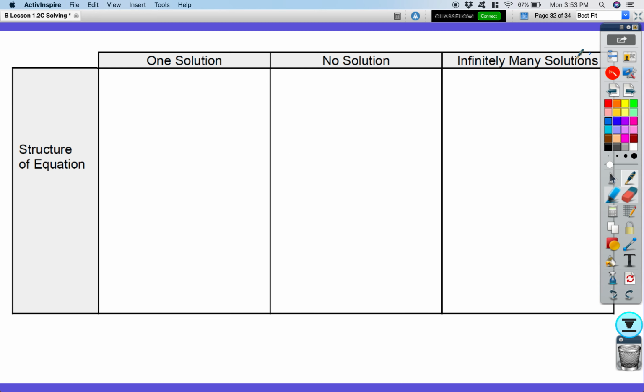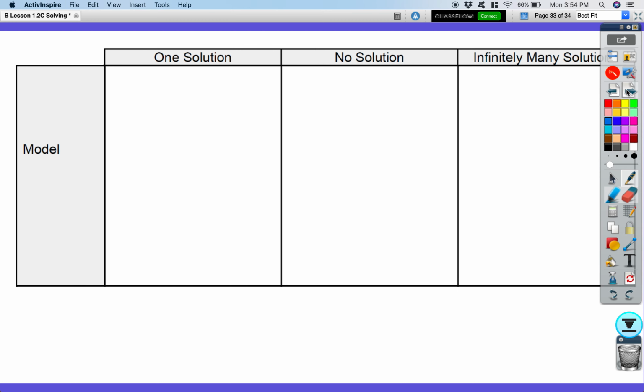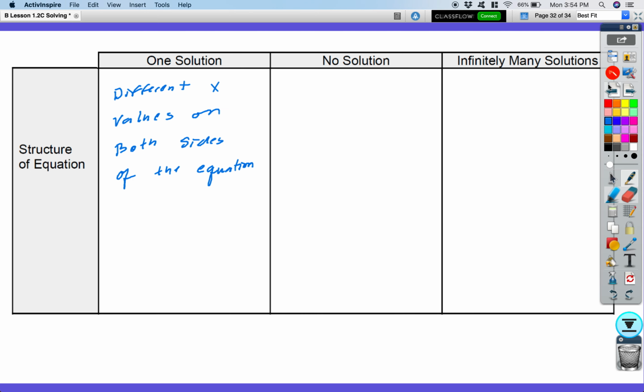So for one solution, the structure of the equation will have different x values on both sides of the equation. The constant doesn't matter, okay? It's just different x values on each side of the equation.